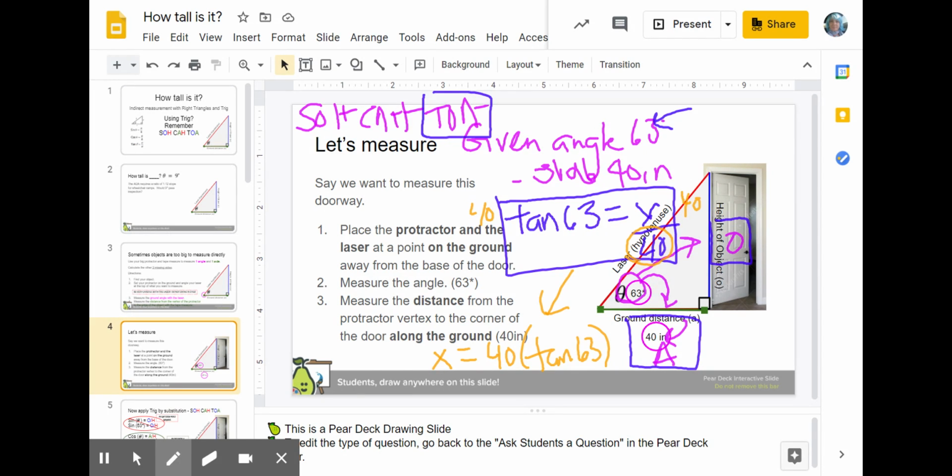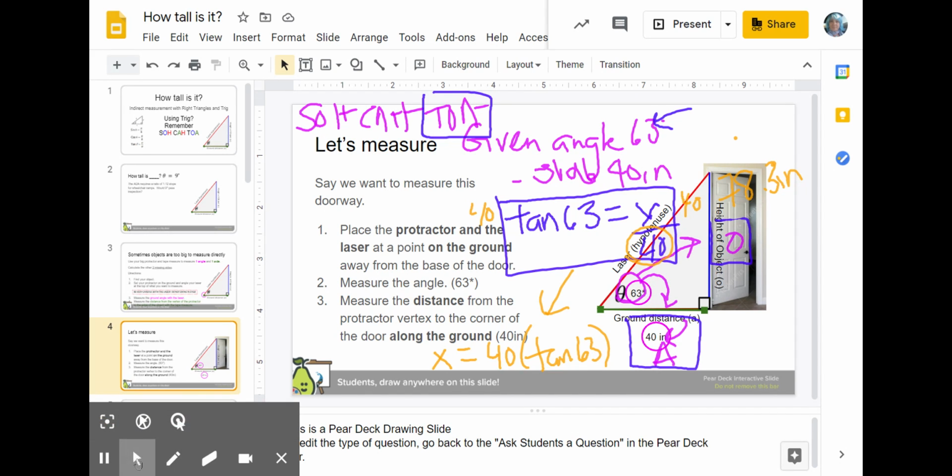So if I come back over here and I do 40 times tangent of 63, 78.5, which was, incidentally, where my line crossed. Okay. That means that over here, the height of this door is, oops, not 68, 78.3. And that was inches.